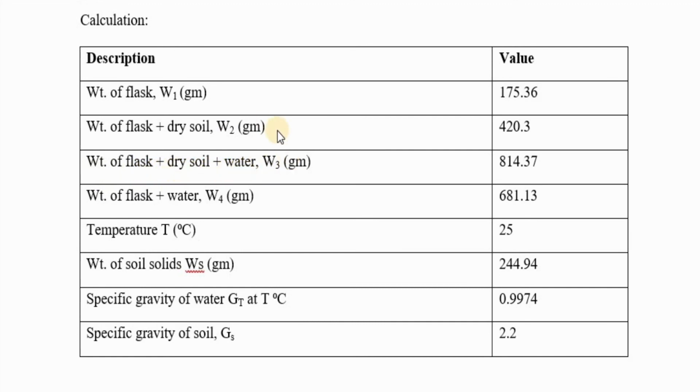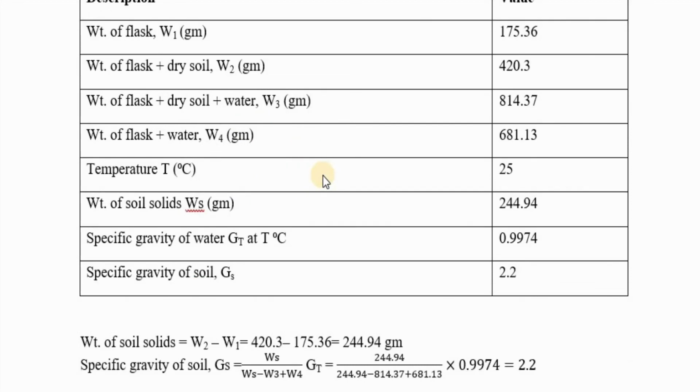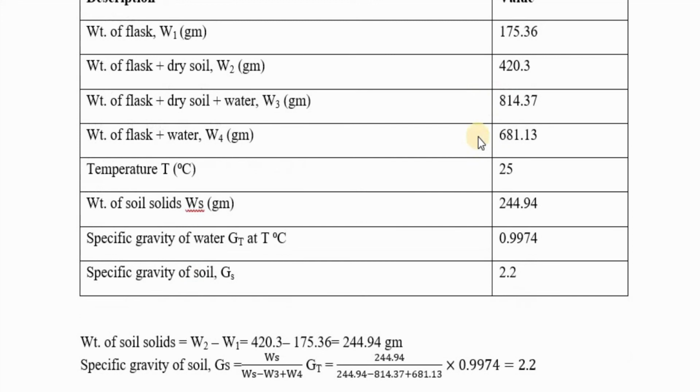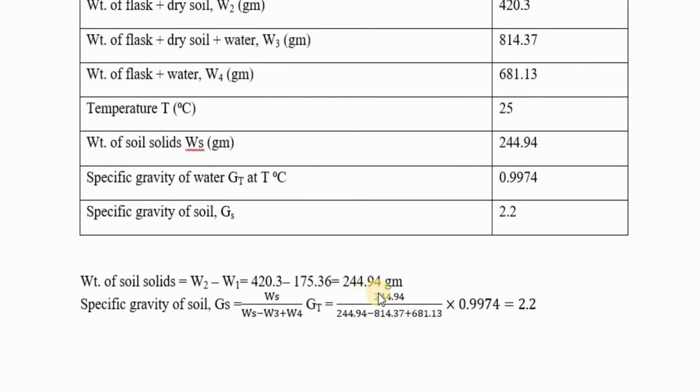the amount of water which is given here. Similarly, you can find the weight of the solid by subtracting W1 from W2. That means 420 minus 175.36. The value is 244.94. It indicates that we poured 244.94 grams of soil in the flask.